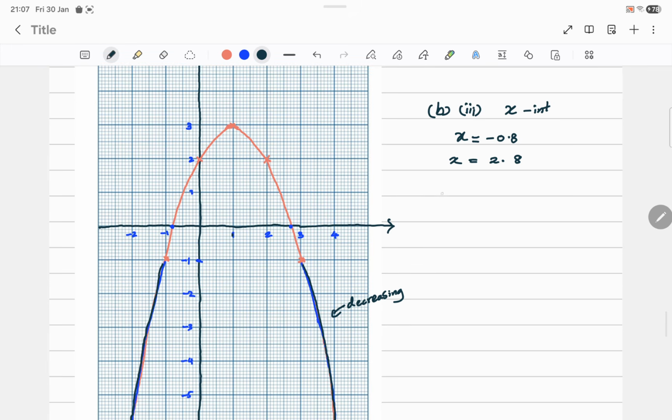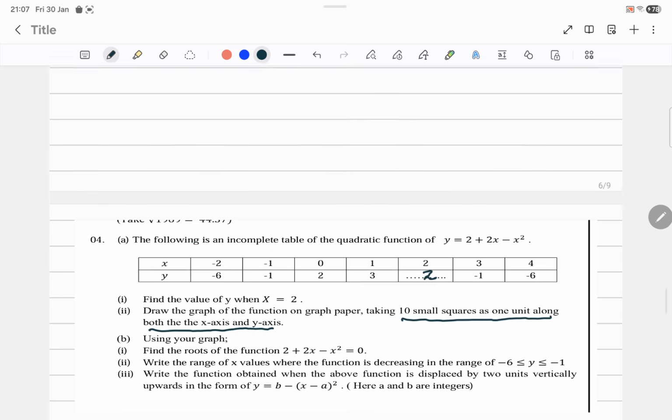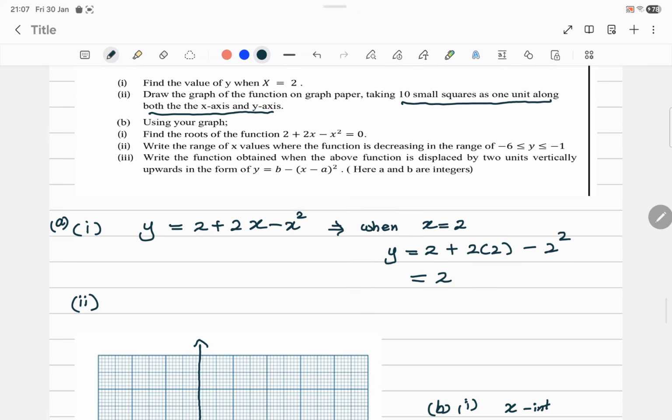So second, x 3 to 4, it is decreasing, right? Then what's the last part?